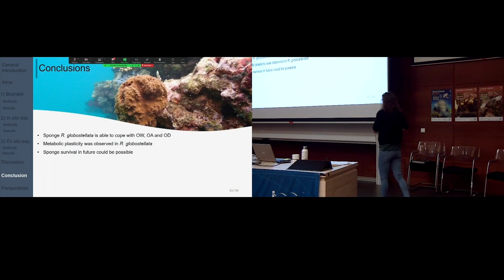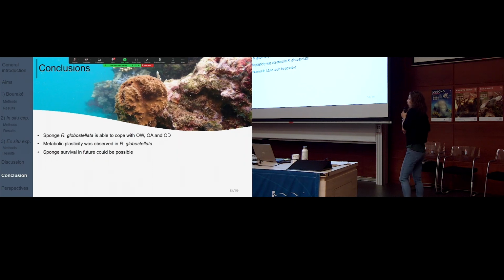Then, in a world where climate change is accelerating and the effects of climate change on sponge metabolism have yet to be studied, my thesis brings one example of how tropical sponges can cope with extreme acidification, warming, and deoxygenation.